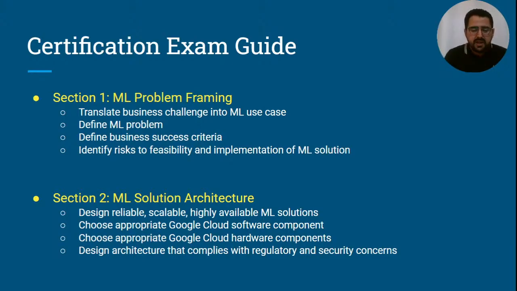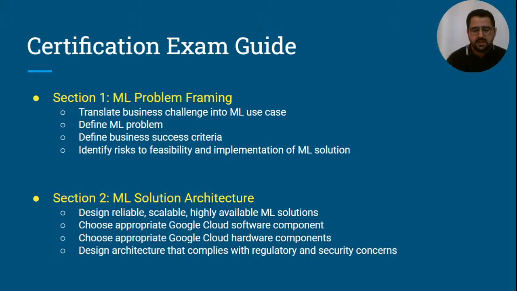So what I recommend is you go check the exam guide, and for each point you ask yourself, for example, for the first section, do I know how to translate a business challenge into a machine learning use case? You ask yourself this question. If the answer is yes, move to the next point. Otherwise, go check on the internet, go do some research on YouTube, on courses, on public MOOCs, etc.